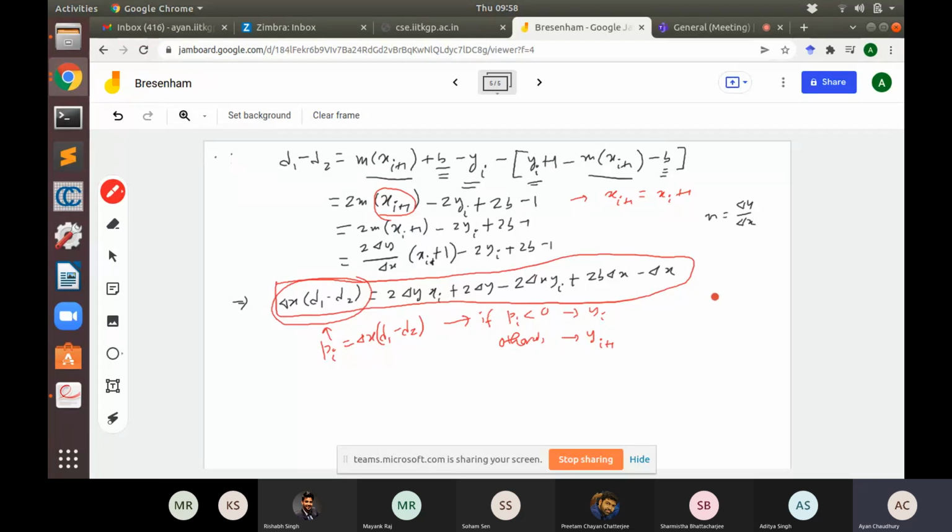So we have to do a little bit of algebra here to get these values. So I think today we can stop here, and tomorrow we can see how we can progress and get these values, and then we'll see how the algorithm looks like.